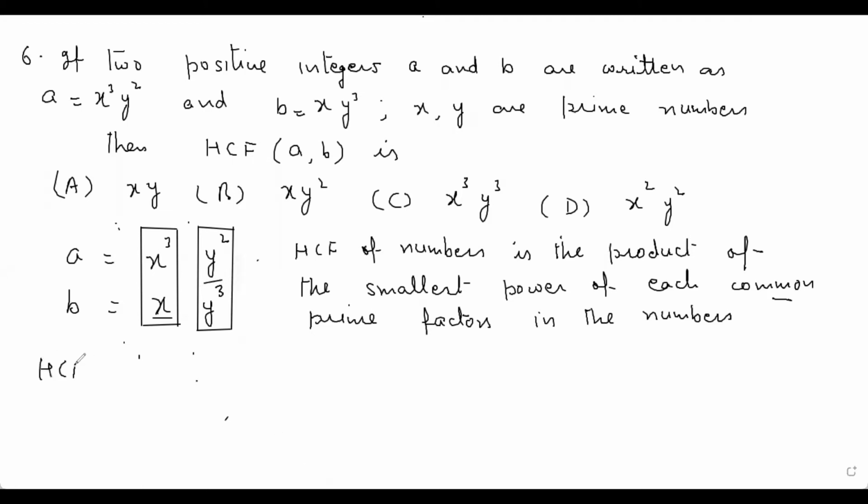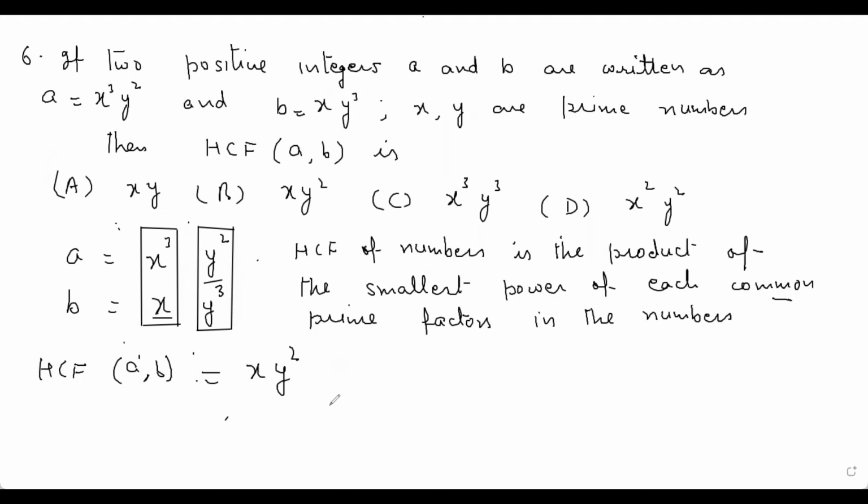So HCF of a and b is equal to x y square. The product of the smallest power of each common prime factor is the HCF of a and b. You multiply x with y square, and you get the HCF.